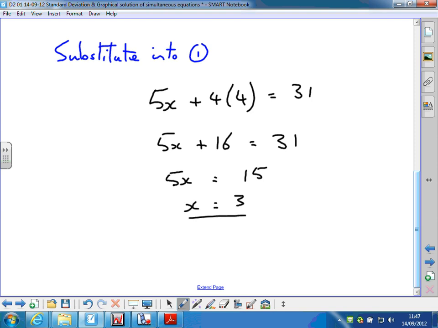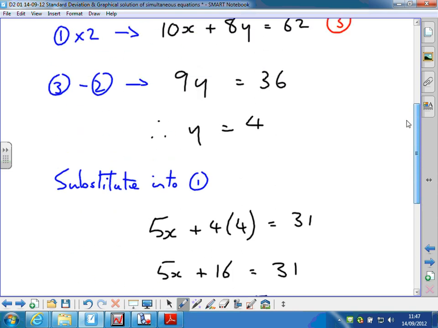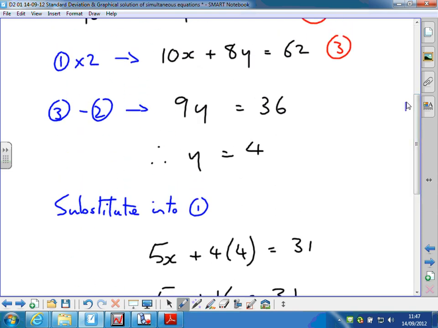So x equals 3, y equals 4, but I would check by substituting into 2. So check in 2. Always check. So rewrite 2, putting the values in.